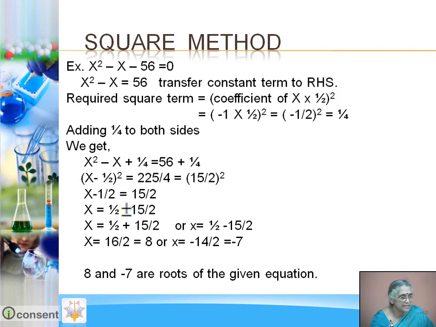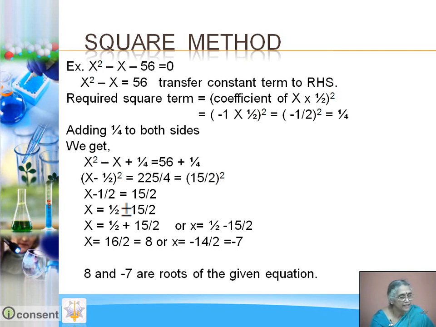We'll make LHS a complete square. So the required third term, or required square term, is (coefficient of x into 1/2) whole square, and that is equal to minus 1 into half, that is minus 1/2, and the square of that is 1 by 4.